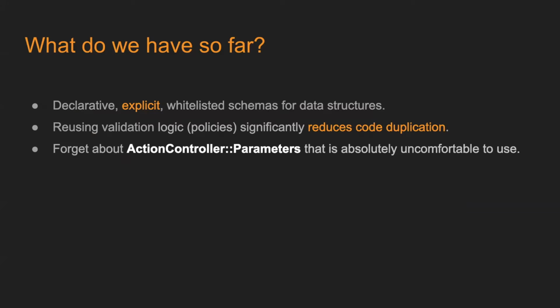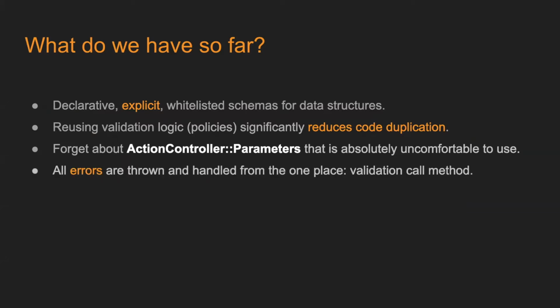I don't like it. I think it's kind of a gate between a field, so it does really nothing and has very dirty syntax, in my opinion. A very useful thing is that all errors are handled and thrown from one place, from the validation caller method.